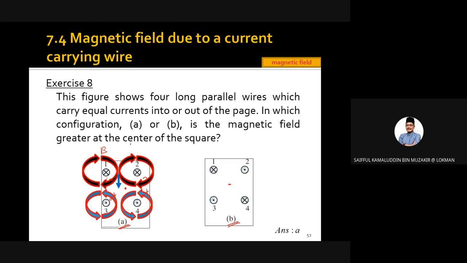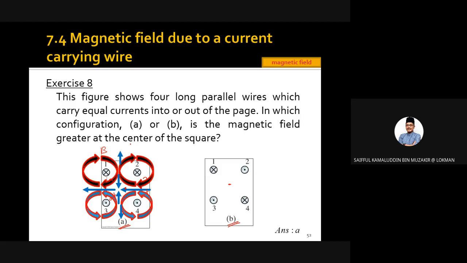Okay, at that point, the magnetic field is going that-ward. Second wire going that-ward. Fourth wire going that-ward. Third wire, the B is going that-ward. And so we have left and right direction.